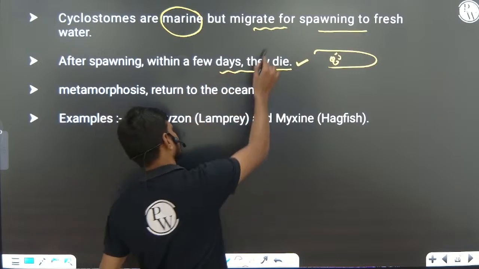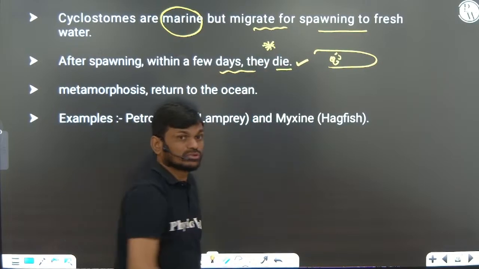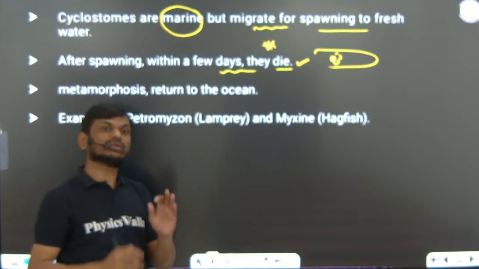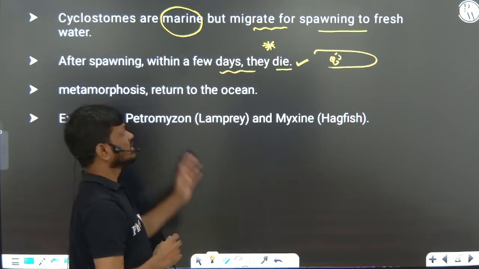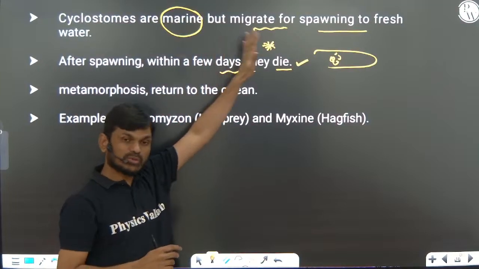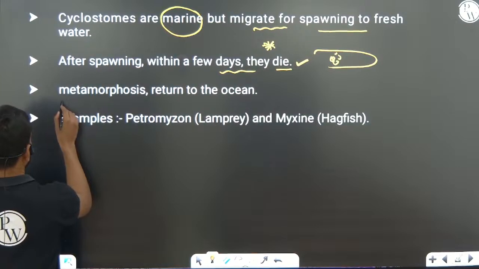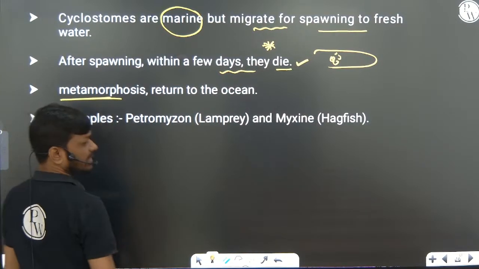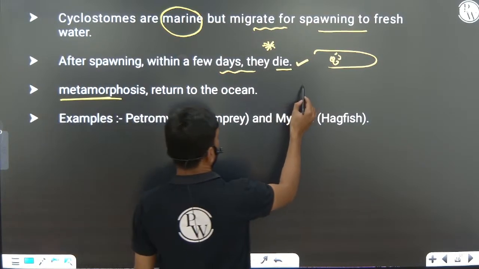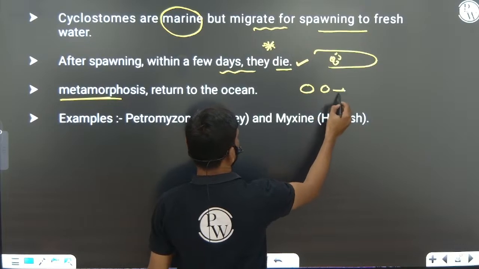Very important. In the freshwater habitat, the eggs hatch into larvae.